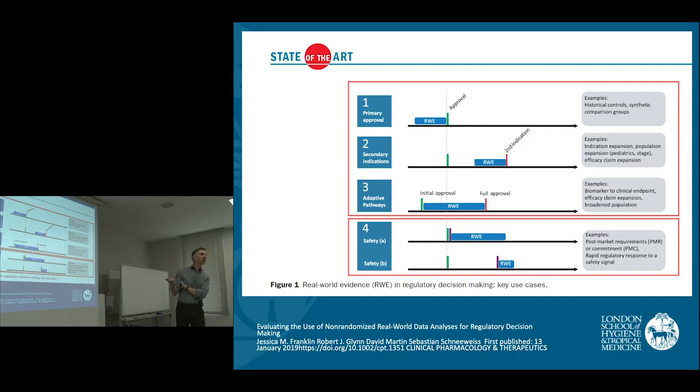And then there are also what we call adaptive pathways. And examples of this might be where there's a high unmet medical need, and so a treatment is given a license quite early on, perhaps because it's shown an effect on a biomarker, when what we really care about is a clinical endpoint.